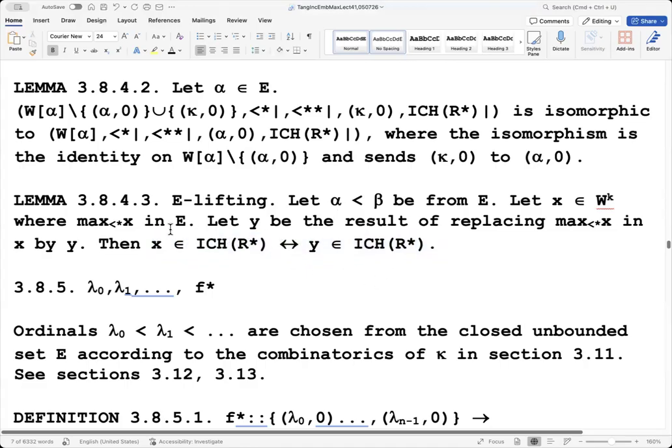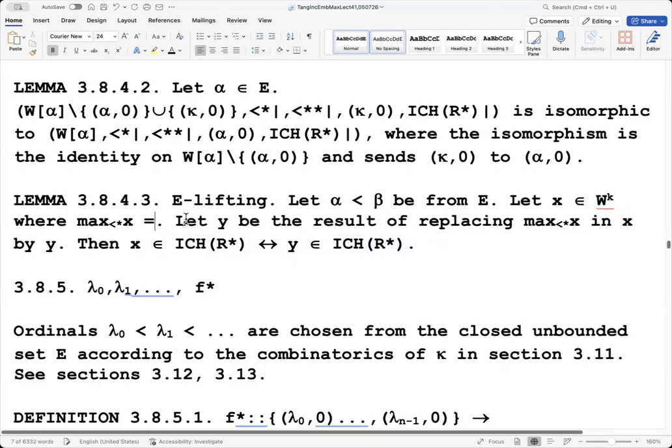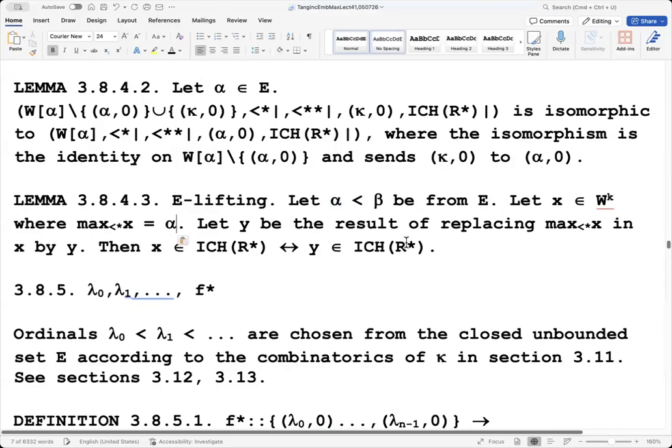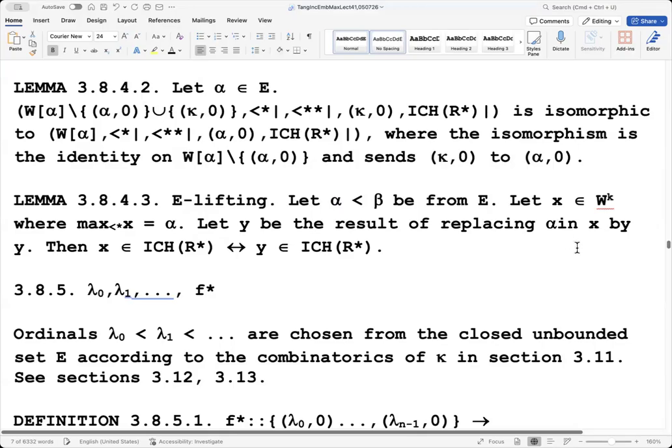Max of X equals alpha, and let Y be the result of replacing alpha in X by beta.